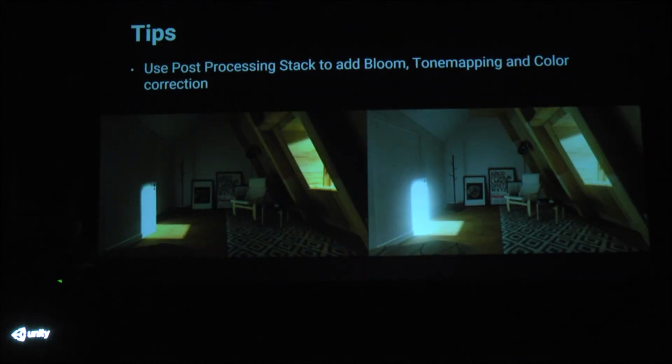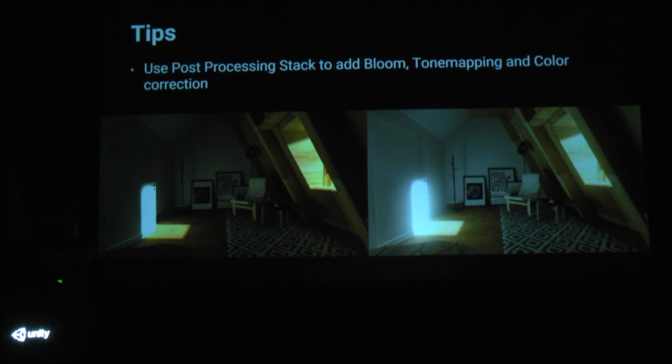And you should use the post-processing stack, because for one, if you're working in high dynamic range, you would need tone mapping, and the post-processing stack allows you to do tone mapping. So for example, in this room, you see everything exposed okay, but then if you look out the window, it's overexposed.